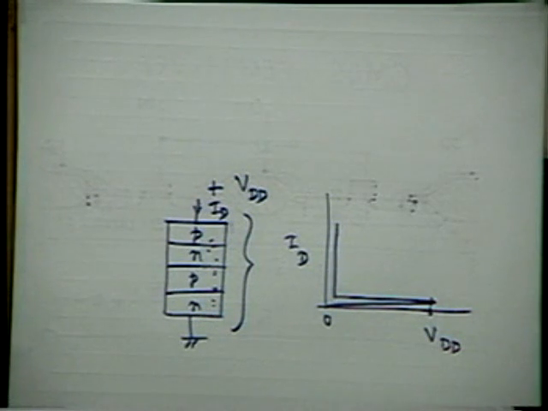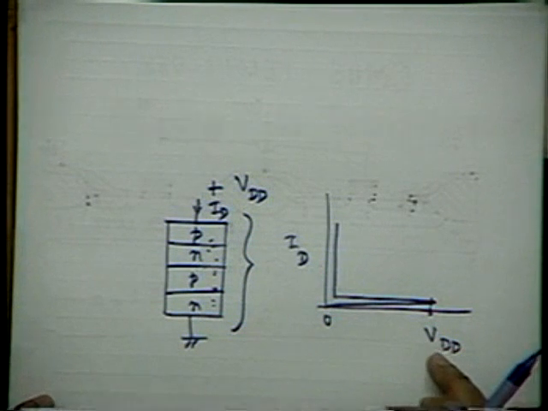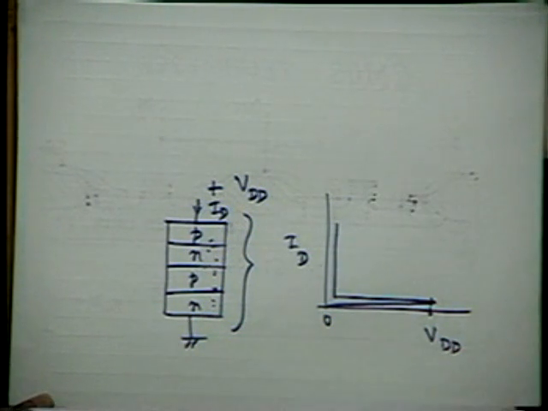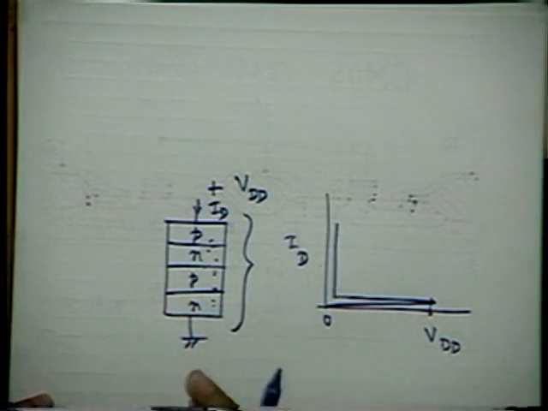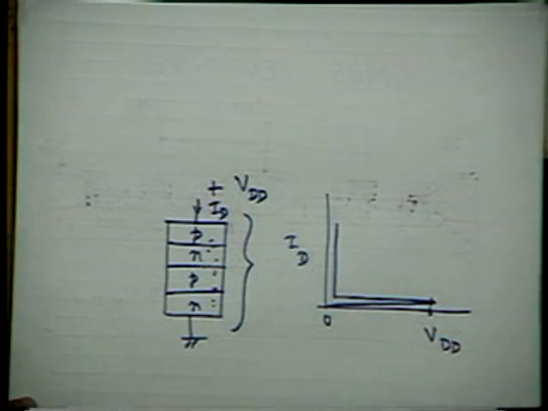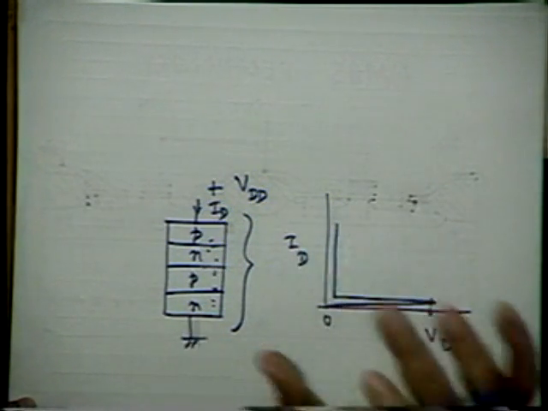It will be merely the leakage current. But due to any reason, if this VDD somehow shoots above that particular voltage, suddenly the device will turn on from an almost insulating, non-conducting state to a very highly conducting state.